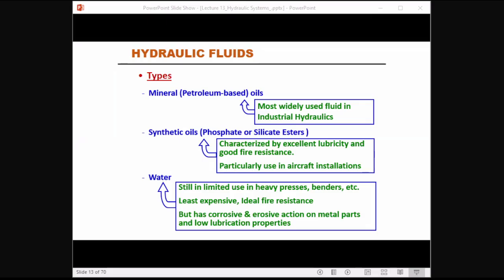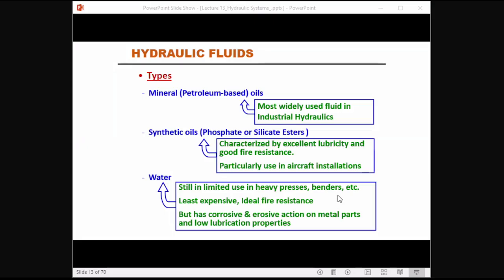Then water. This water is fire resistant. Okay, you know about water. Water is fire resistant. Okay, then it is still in limited use in heavy presses, benders.